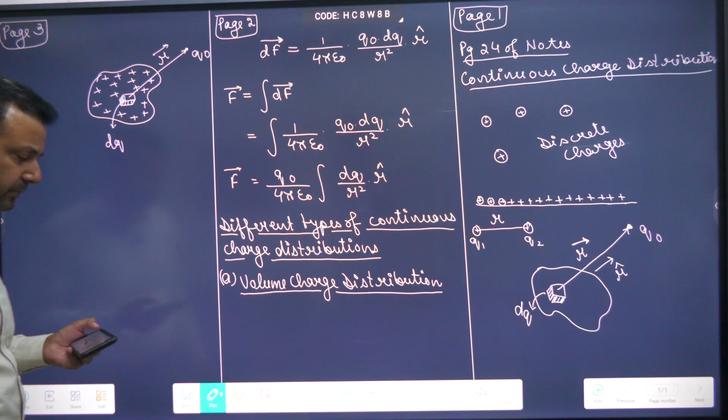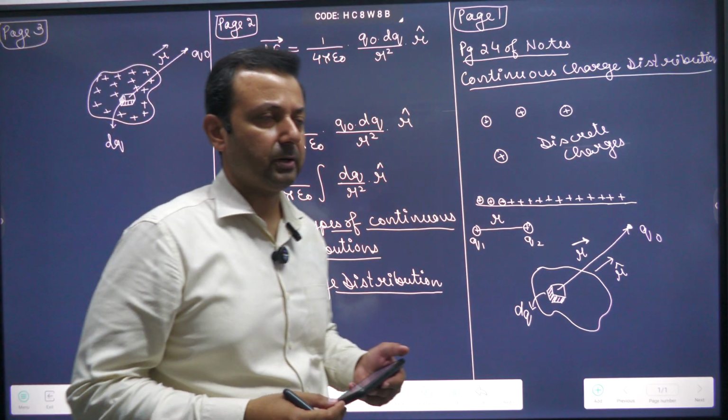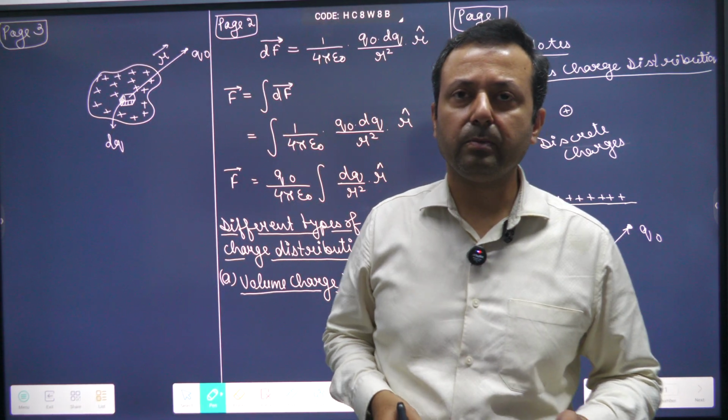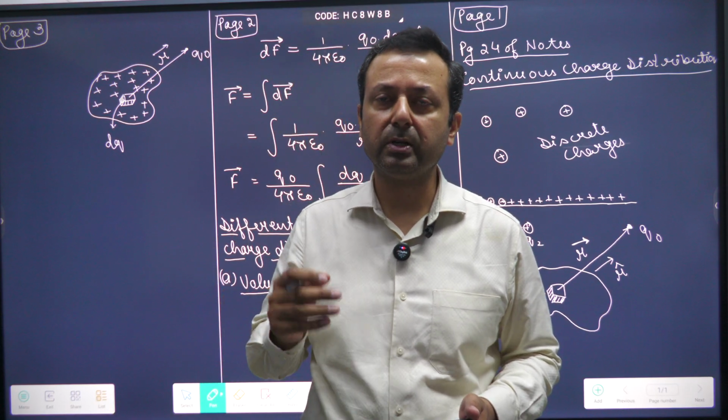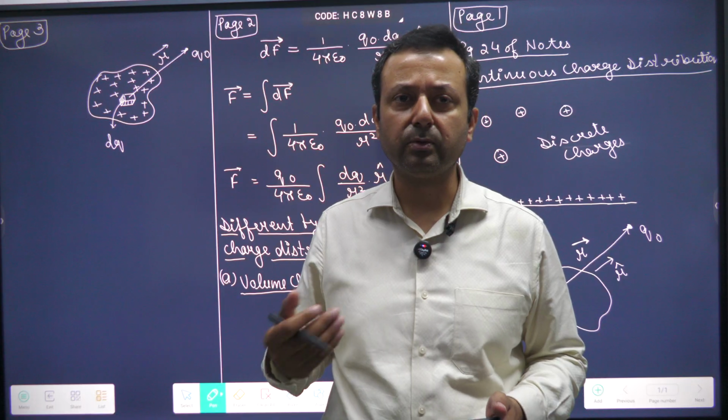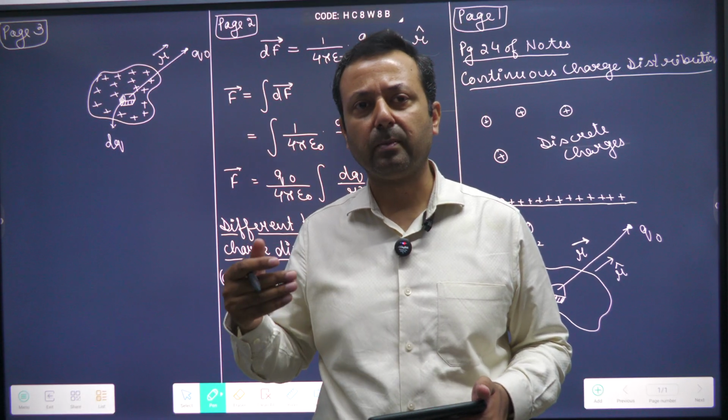So here I am defining a new term. A new term is volume charge density. What is volume charge density? Charge per unit volume is called volume charge density. Charge per unit volume means charge divided by volume.